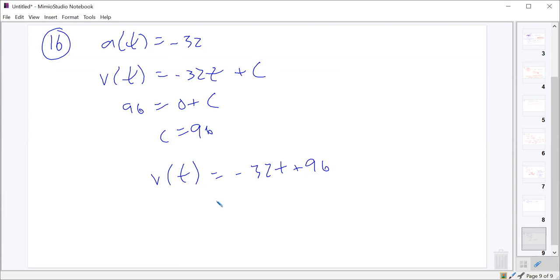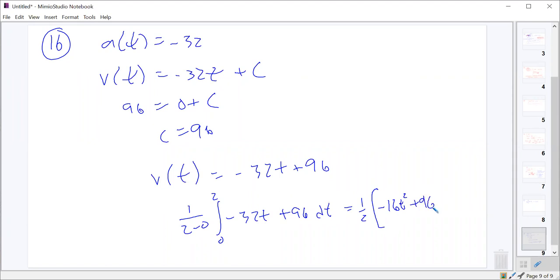If we want the average velocity in the first 2 seconds, it's 1 over 2 minus 0 times the integral from 0 to 2 of negative 32t plus 96, which is half of negative 16t squared plus 96t from 0 to 2. What does that come out to be?